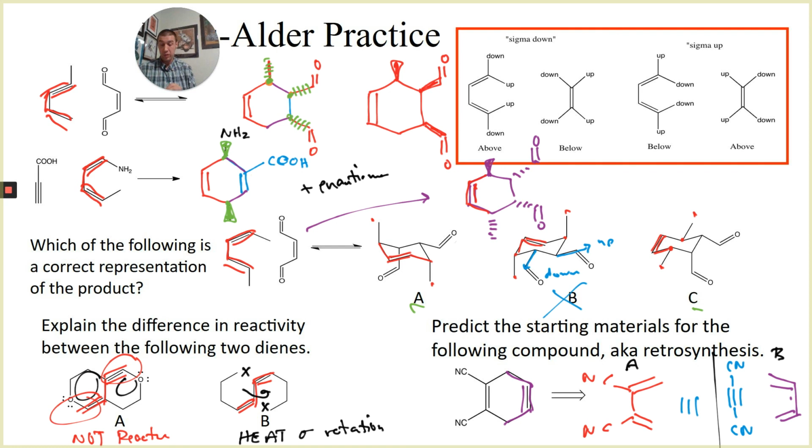The dienophile acts better or faster as the electrophile or the receiver of electrons. Those CNs, being electron withdrawing groups, make that reaction happen faster when they are connected to the dienophile and not the diene.